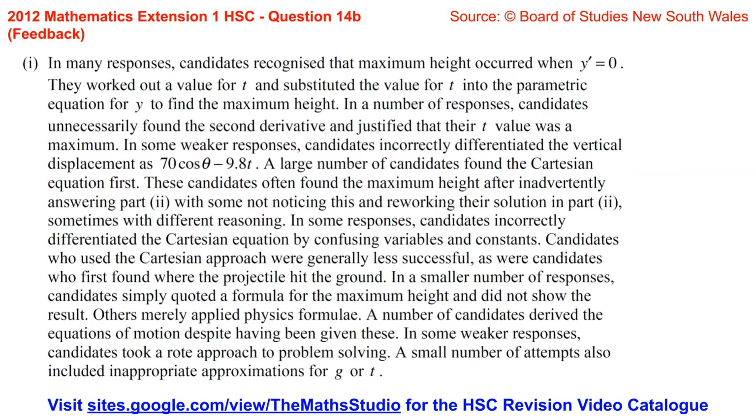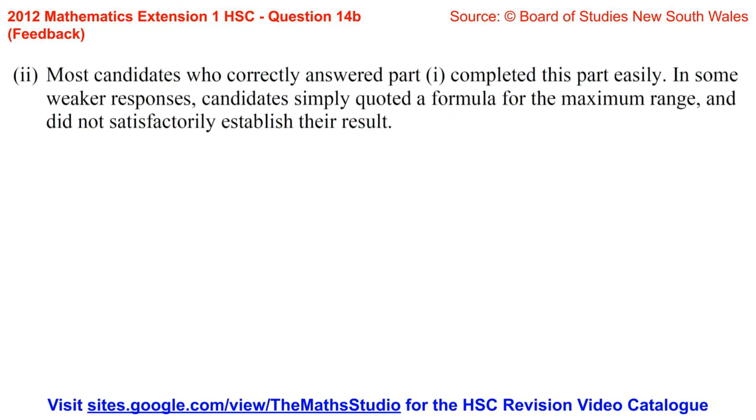In some weaker responses, candidates took a rote approach to problem solving. A small number of attempts also included inappropriate approximations for g or t. For part 2, most candidates who correctly answered part 1 completed this part easily. In some weaker responses, candidates simply quoted a formula for the maximum range and did not satisfactorily establish their result.